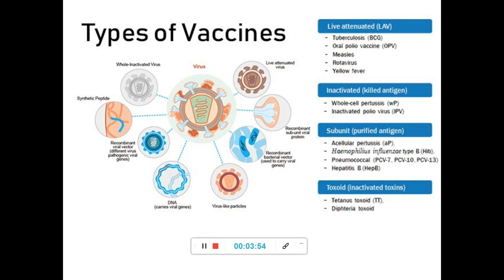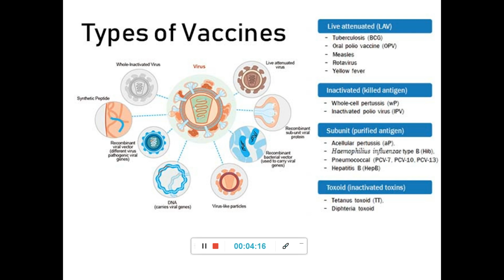It can probably grow, but it cannot cause an infection. It is like you are taking the bacteria and putting it in; it can enter, go inside, and survive in the host, but it cannot cause an infection. That is a case of live attenuation.